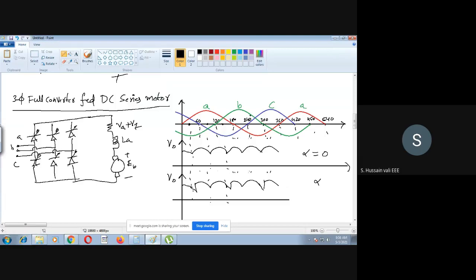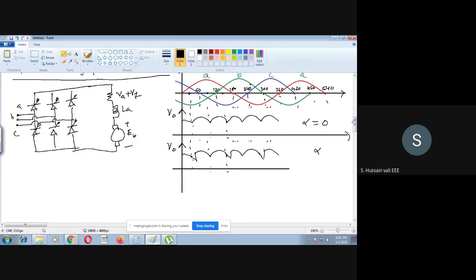So this you will find when it is alpha. Further, if you increase it, for example if it is 90 or some other angle, then this will increase further.